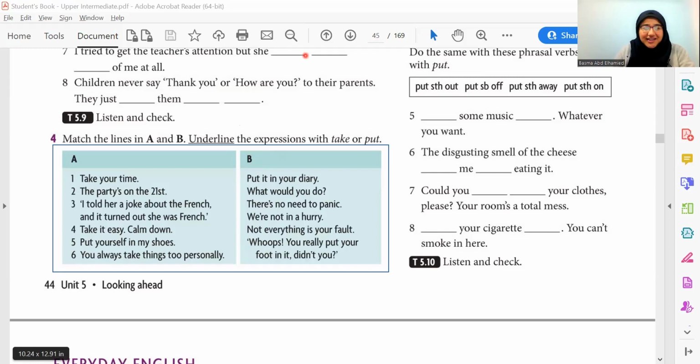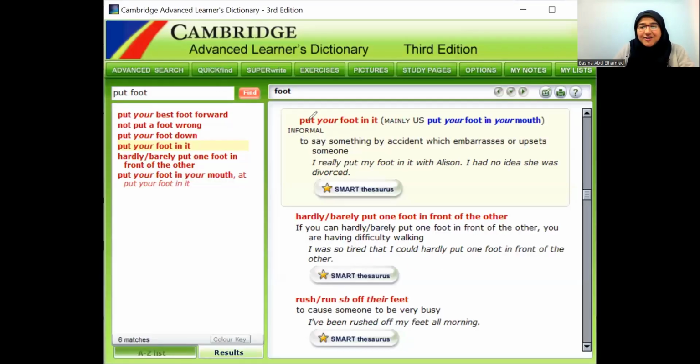Let's check the dictionary together. This is a very nice expression, right? Put your foot in it or put your foot in your mouth. I really put my foot in it with Alison. I had no idea she was divorced.